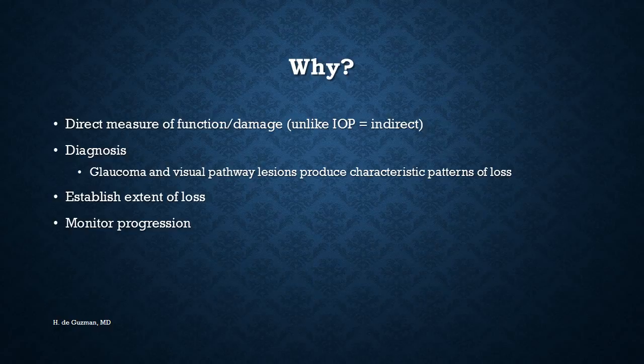So here with perimetry, we get an actual measure of the function. Also, perimetry can help us determine where the lesion is or what the disease type is because of the characteristic patterns of loss that we can sometimes see. We can also establish the extent or the degree of the defect and monitor progression.